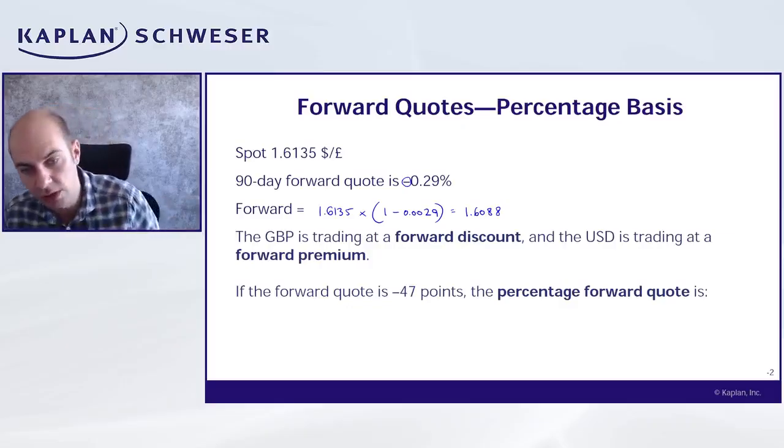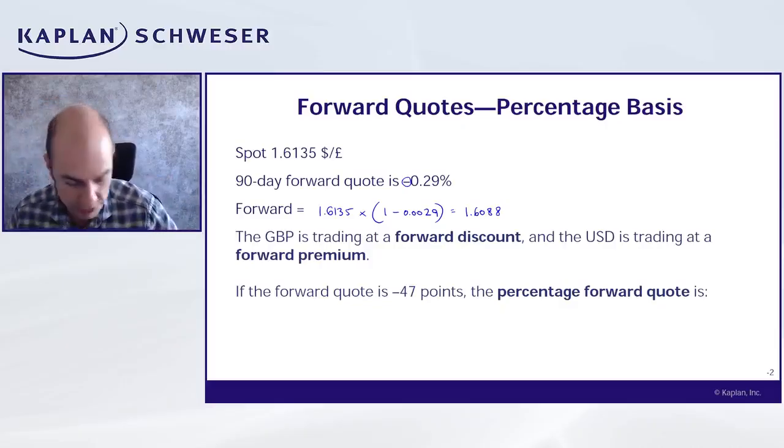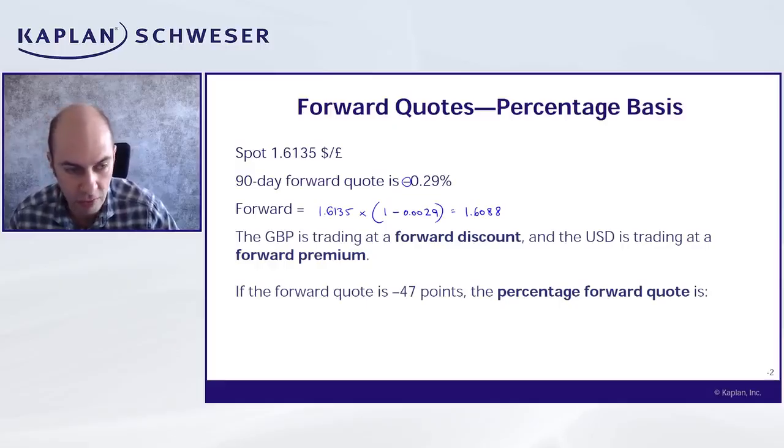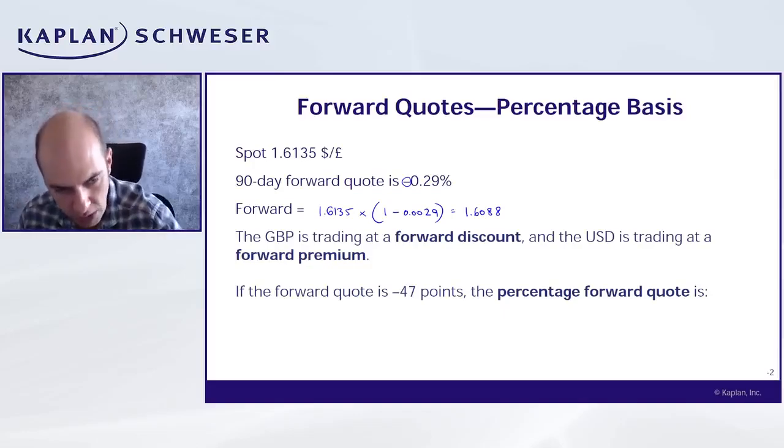Okay. Now also, you should be comfortable converting from points to percentage quotes, because really they are the same thing. So suppose the question told us that a certain forward was trading at 47 points discount. Well, what is the percentage quote? Okay, with the percentage quote, we're going to take that 47 points and turn it into decimal. So we know that that's going to be 0.0047, because this got to be the third and fourth decimal places.